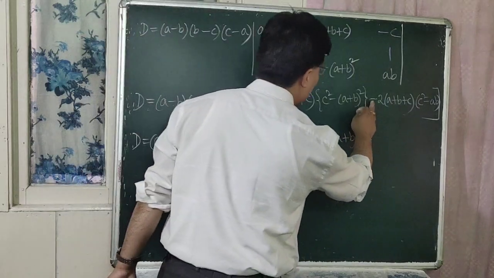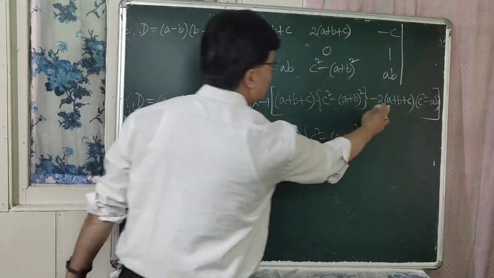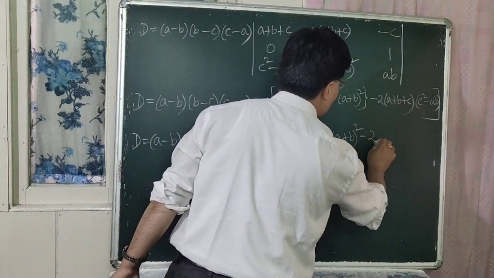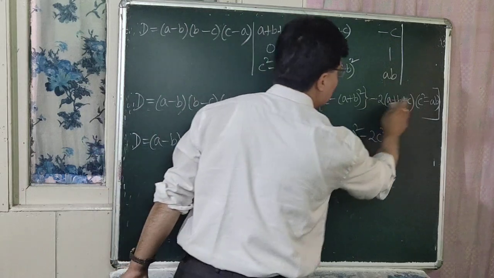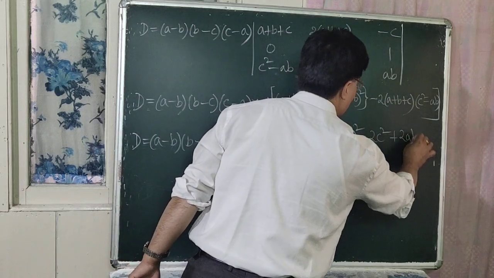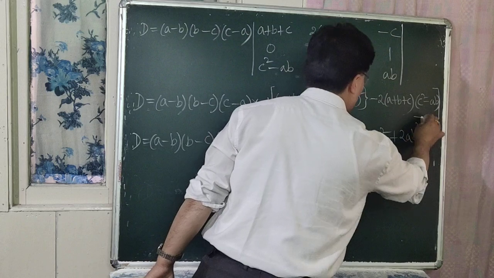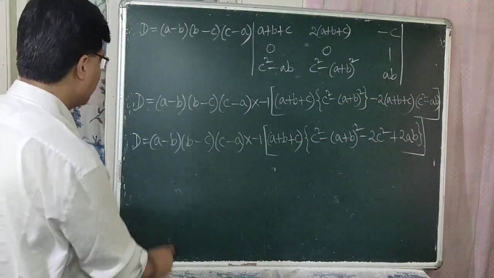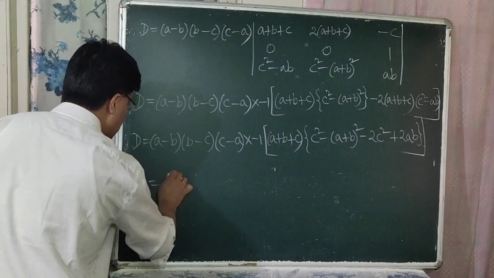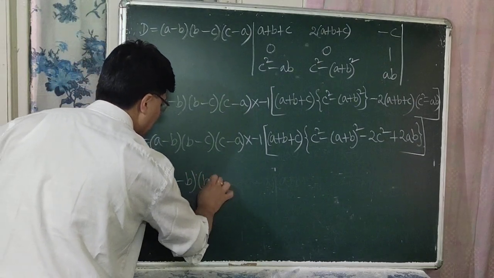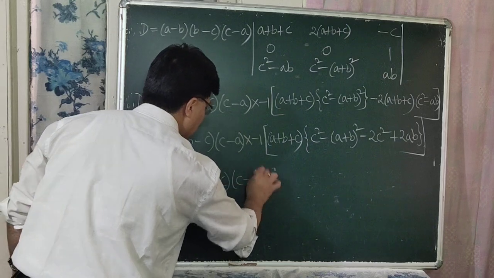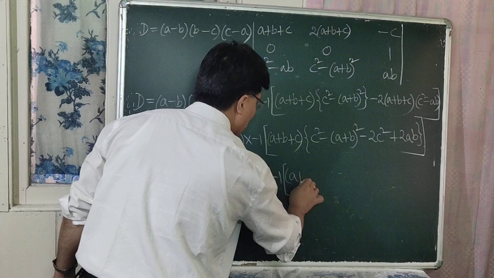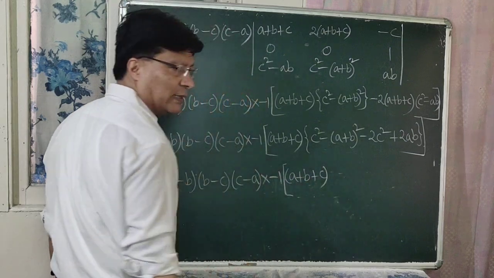Then minus 2 into this one, a plus b plus c is taken common here. Okay, so minus 2 into c square, minus 2c square, minus into minus, plus twice ab. Second bracket is closed, then also third bracket is closed. Okay, so therefore D is equal to (a minus b)(b minus c)(c minus a) into minus 1 within third bracket, a plus b plus c, right?